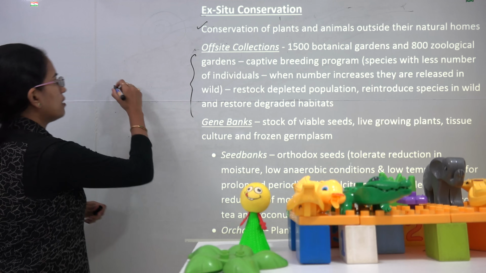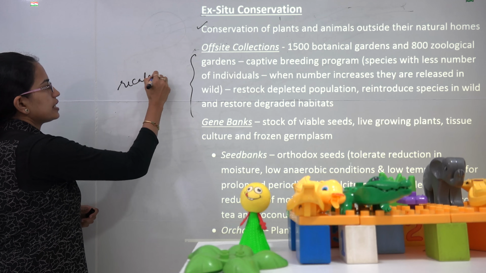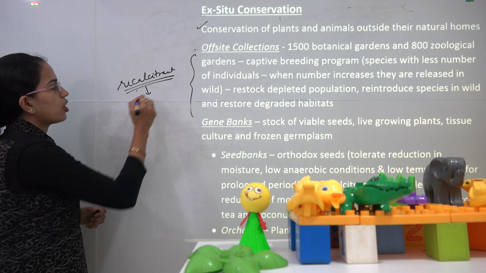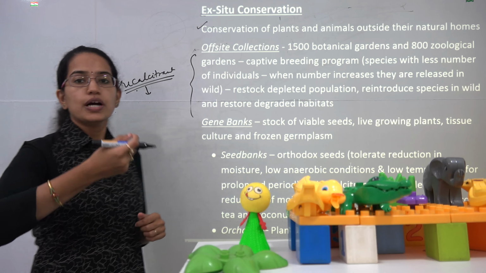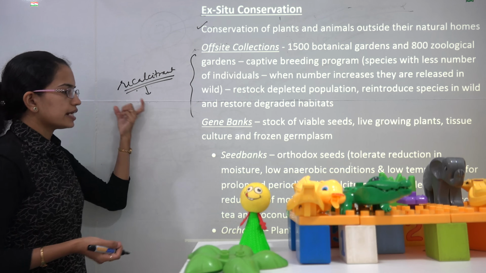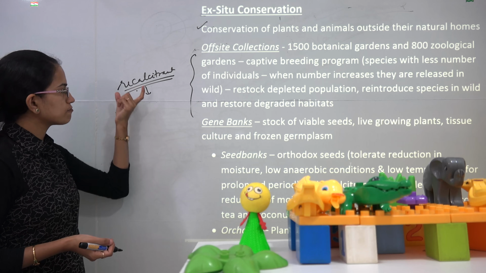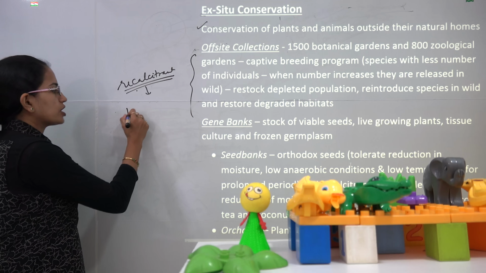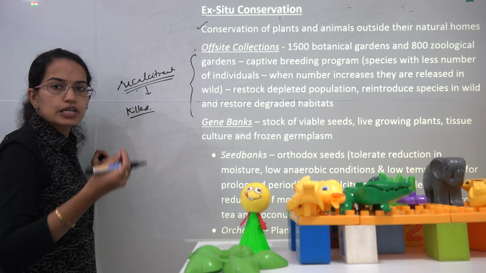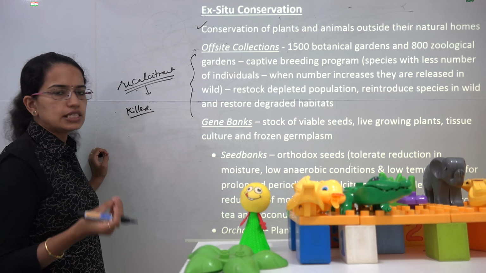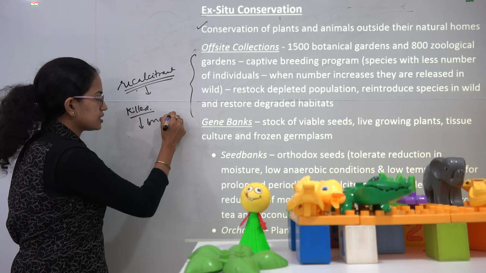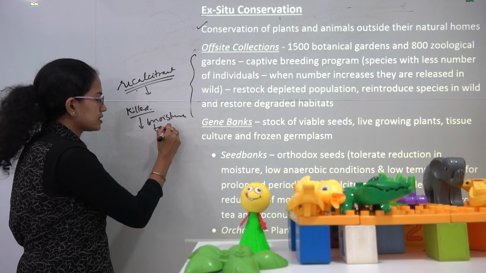Now again you have recalcitrant genes. Recalcitrant seeds are those which cannot adapt to reduced moisture conditions. These are killed if the moisture is reduced. For example, jackfruit, tea, coconut, all these seeds are killed if there is very little moisture, or the moisture level decreases suddenly, or the temperature decreases suddenly.